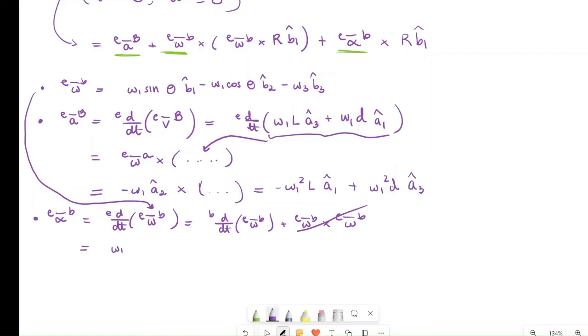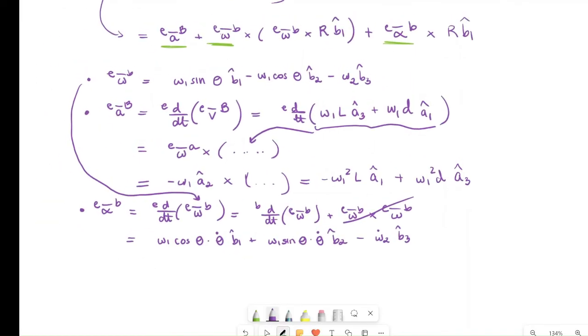So omega 1 is constant, so then we have the derivative of sine theta, which is cosine theta times theta dot B1 hat, plus, because the derivative of cosine is negative sine, times theta dot, and then, whoa, where did I get this omega 3 from? Oh, this should be omega 2, sorry. So this B2 hat, and then minus omega 2 dot B3 hat.